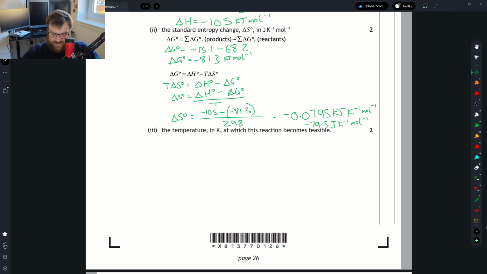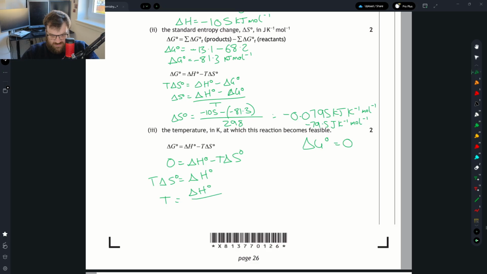Now, reaction becomes feasible when delta G naught equals 0. So we're going to base it off of this equation again, and set delta G naught to 0. So take across, you've now got T delta S equals delta H. So then T equals delta H naught over delta S naught.